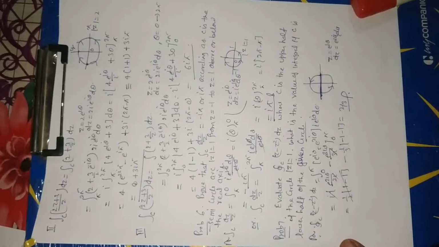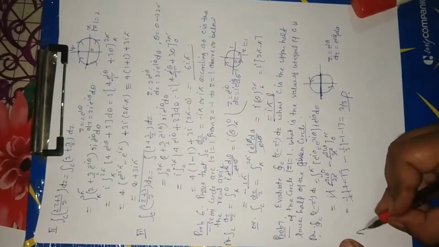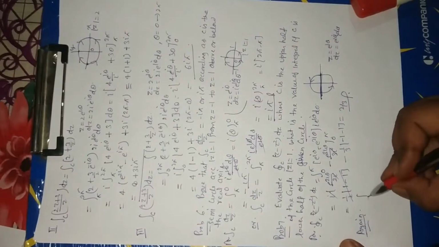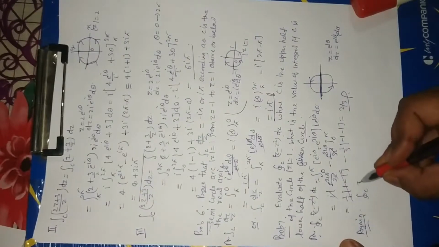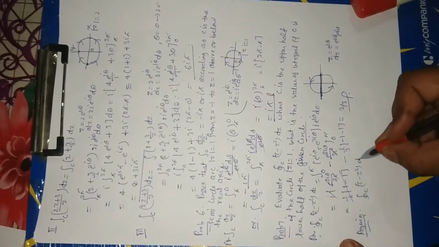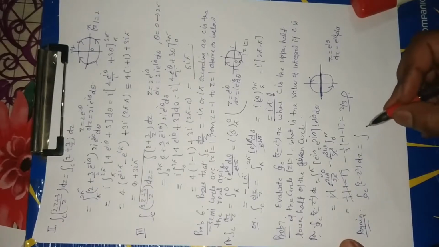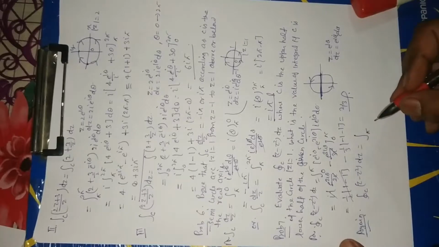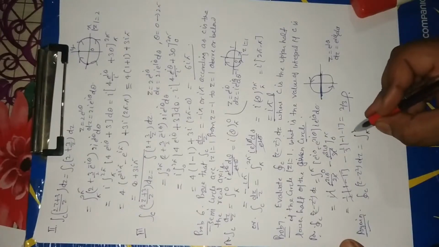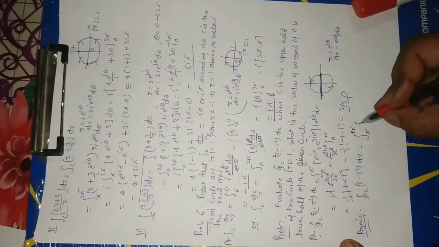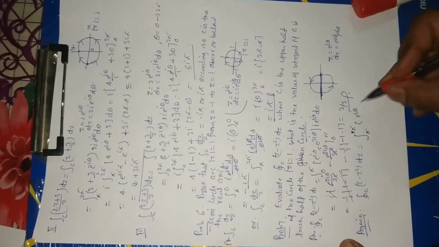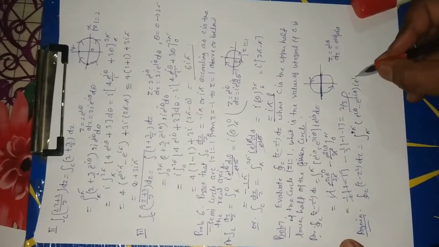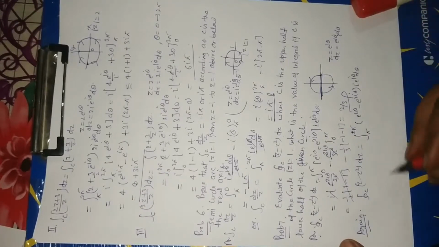In the case of the lower half circle, the integral over C of z minus z square dz. Now putting the limit of theta pi to 2 pi, z equal to e to the power i theta, e to the power 2i theta, i e to the power i theta d theta.